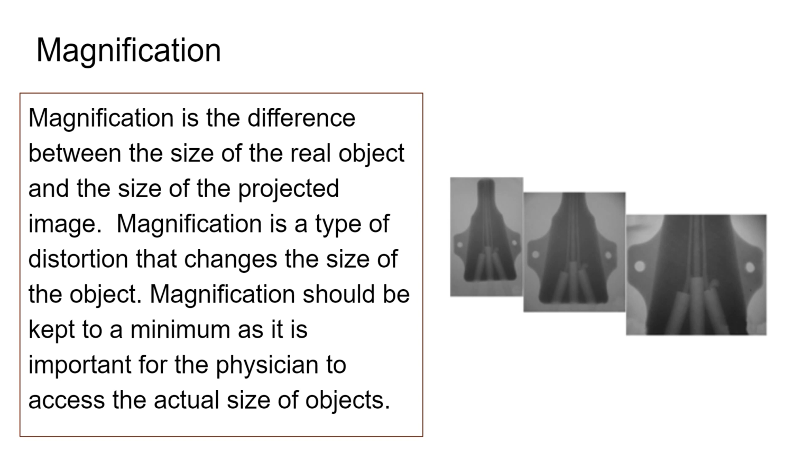When OID increases, and OID, if you remember, is the patient to the image receptor, so you want to lower your OID. You want the hand right on the IR, which would reduce the OID, which would reduce magnification. So magnification increases when the OID increases.